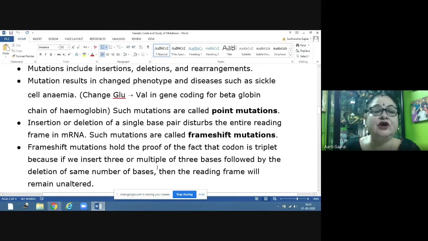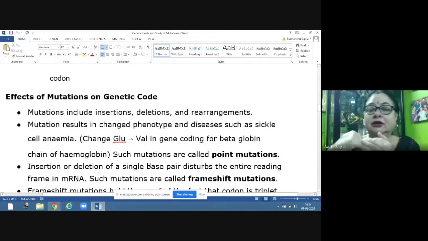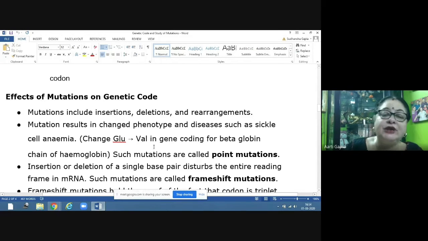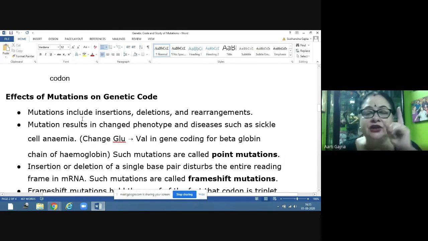Because of the change in one base, in the genetic code, instead of glutamic acid, the amino acid formed was valine. So that changed the structure of the beta globin chain, and this results in sickle cell anemia. These mutations, which are due to a single change, are called point mutations.